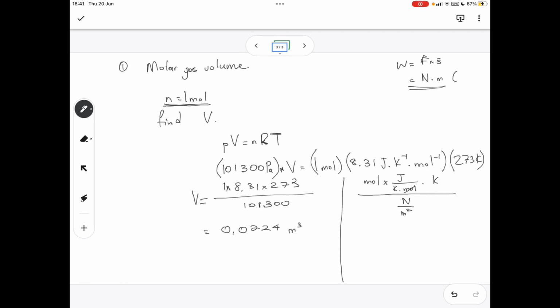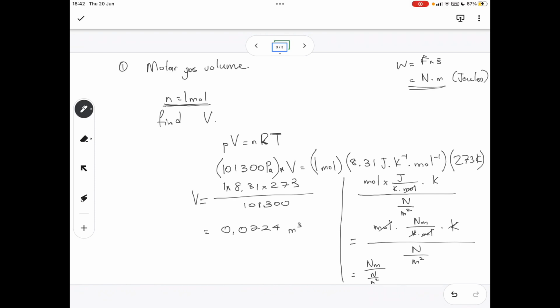So the units for joules are Newton times meters. So then this becomes mole times Nm over K times mole times K. This is divided by Newton per square meter. So these are going to divide each other out. They're multiplicative inverses. And we're left with Newton meter over Newton per square meter.